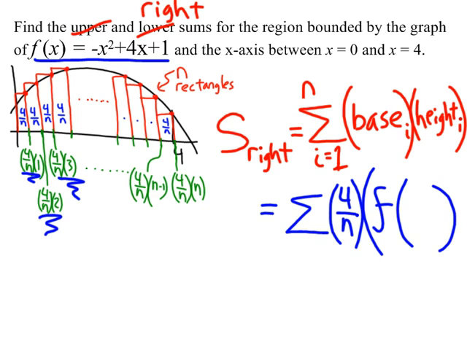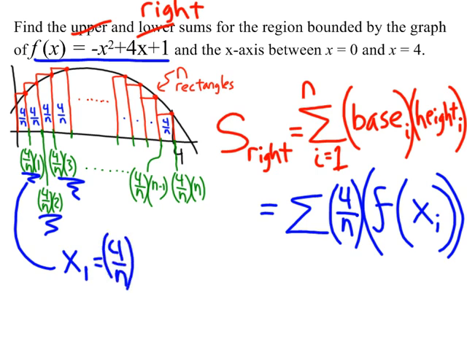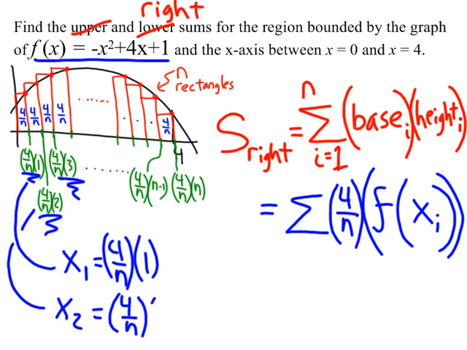And let me just temporarily, realize I forgot to do something. So let me just temporarily call that x sub i, and then come back over here to the left and do what I forgot to do. This first rectangle, this first x value, I'm going to call that x sub 1. That was 4 over n times 1. This second x value, I'll call it x sub 2. That was 4 over n times 2, right? So hopefully you're quickly seeing the pattern.